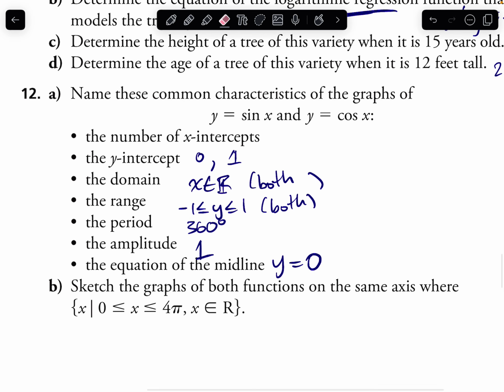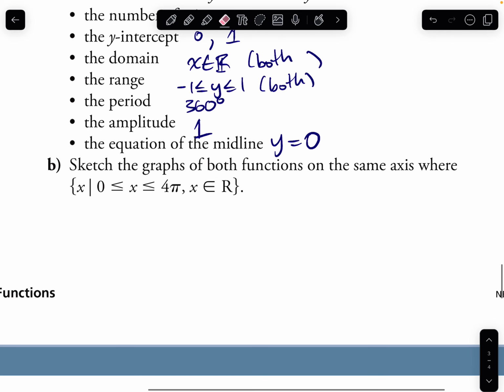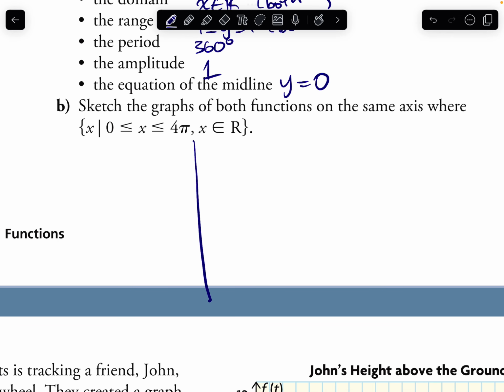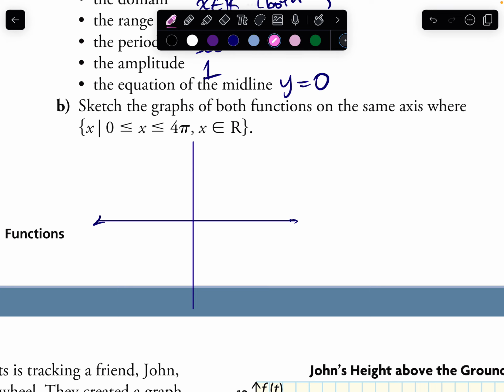Okay, sketch the graphs of both functions on the same axis. Okay, basically what I just did, but I'll redo it. So we'll go pink for sine. Oh, actually it needs to go 4 times. So that's 180.